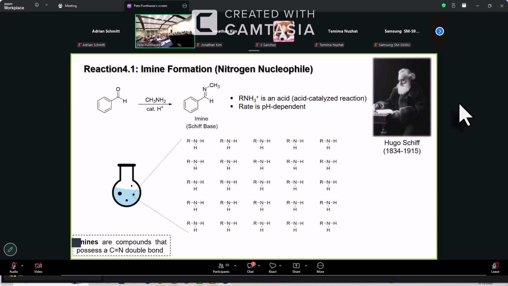You start out with a bunch of methylamine, which we use as a solvent to drive the equilibrium forward. Remember how to control equilibrium? Then you add the benzaldehyde.